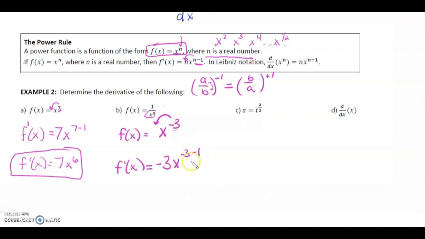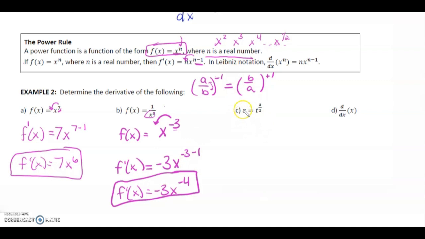Whatever that exponent is, minus 1. So our derivative altogether is negative 3x to the negative 4. Sorry, negative 4. I think I did 3 minus 1 instead of negative 3 minus 1.